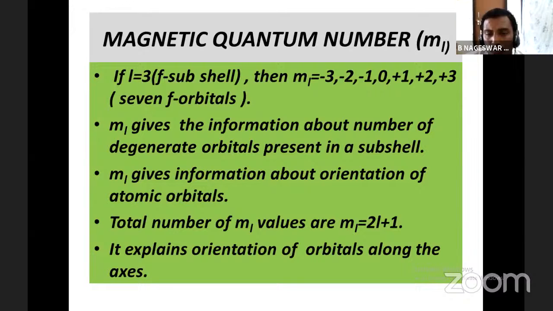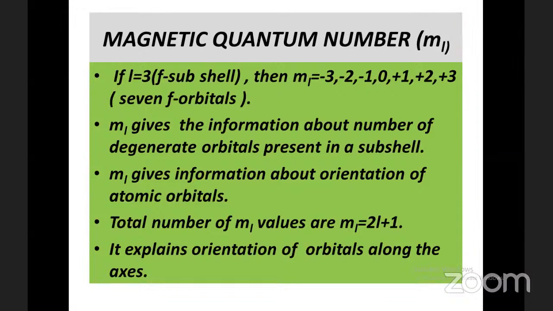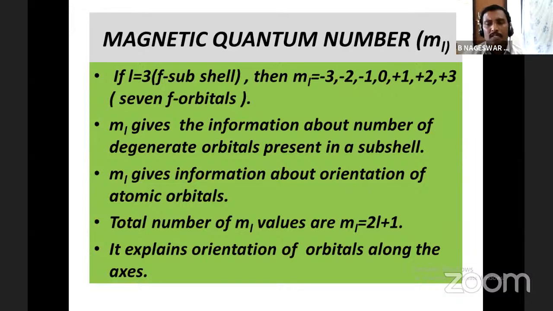If l is equal to 2, then ML values are 5. If l is equal to 3, 2 into 3 plus 1 is equal to 7 ML values. It explains simply the orientation of orbitals along the axis.